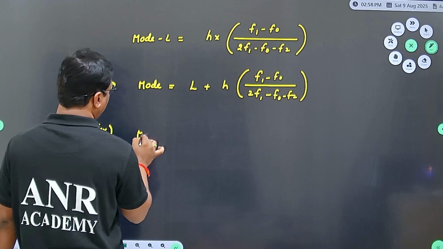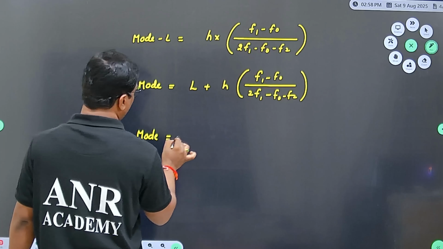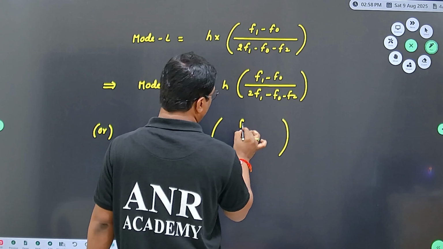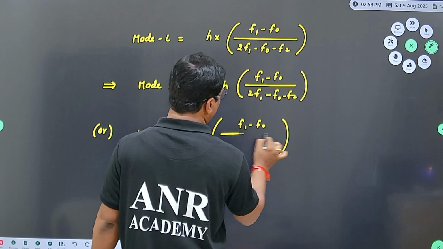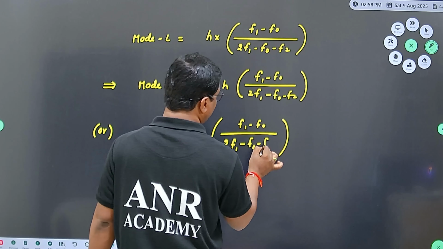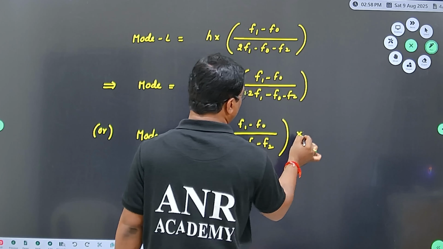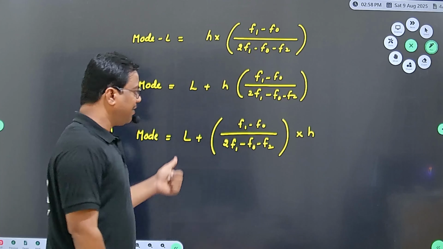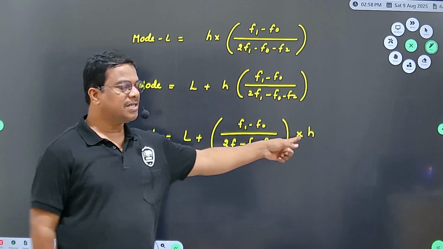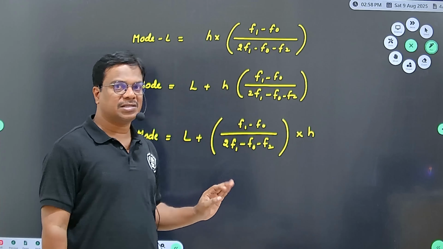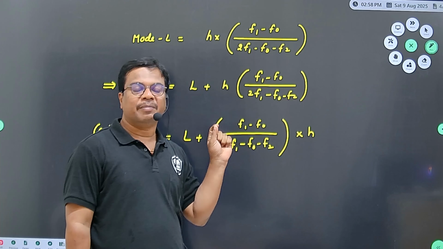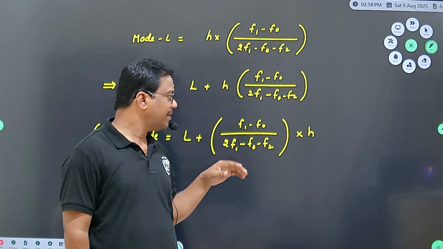or you can write the mode formula as L plus F1 minus F0 divided by 2 times of F1 minus F0 minus F2 multiplied by H, where L is the lower limit of the modal class and H is the width of the modal class, and we can decide the modal class by seeing the maximum frequency interval.